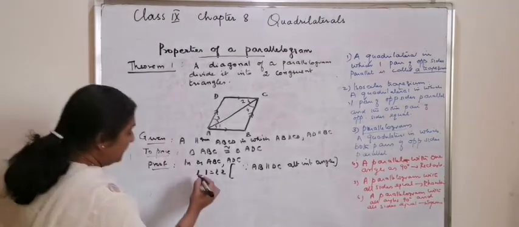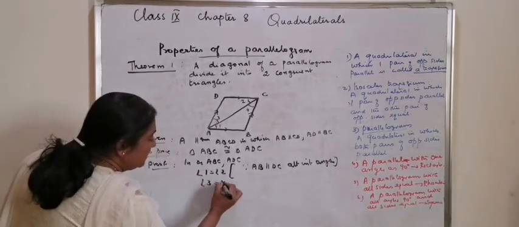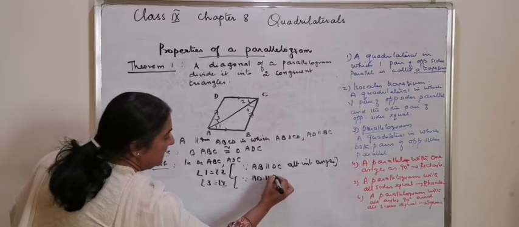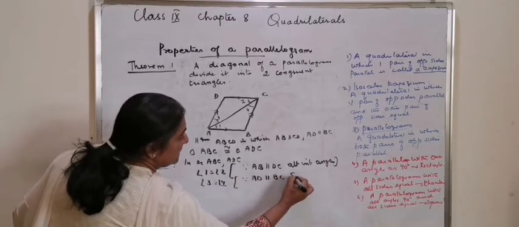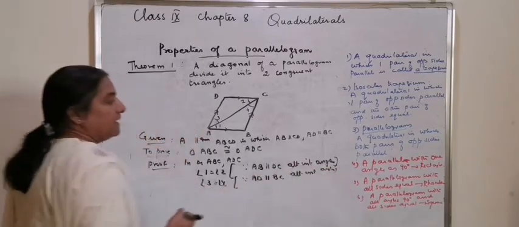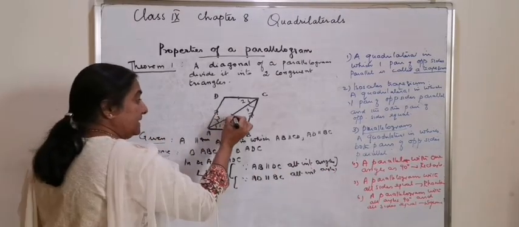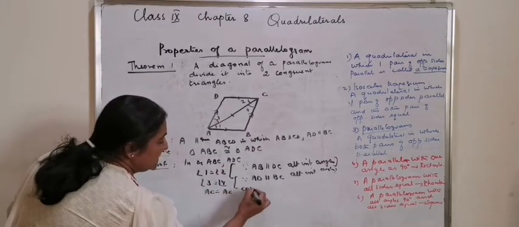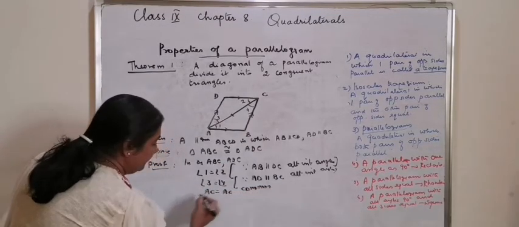The second pair, angle 3 is equal to angle 4 since AD is parallel to BC, alternate interior angles. And the common side AC is equal to AC, common.